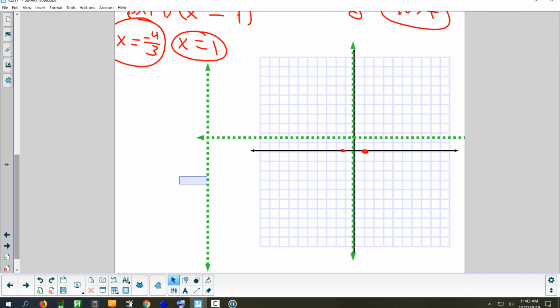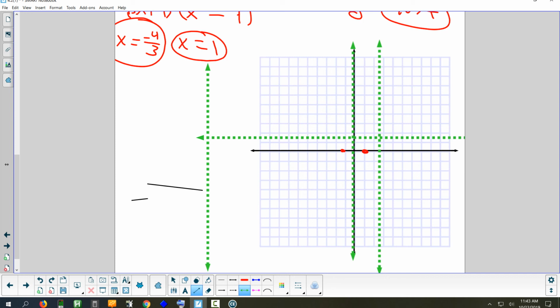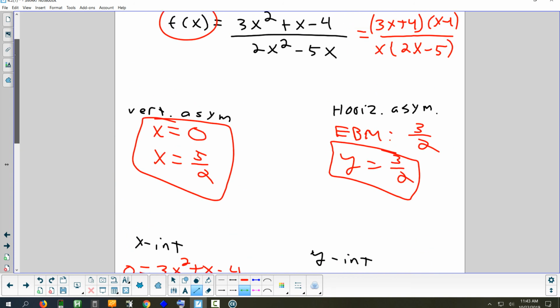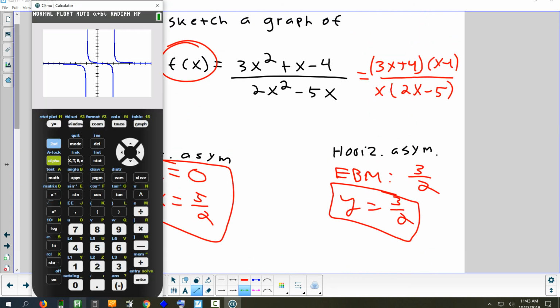And I'll just try to put it at 2.5. Is that okay? Okay, so those x-intercepts are actually in different sections. So they're not even going to be connected to each other. Okay, they're in different parts. So now we want to type it in and check what's happening near the asymptotes.